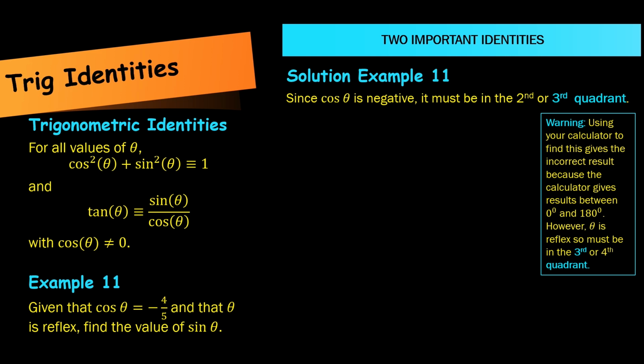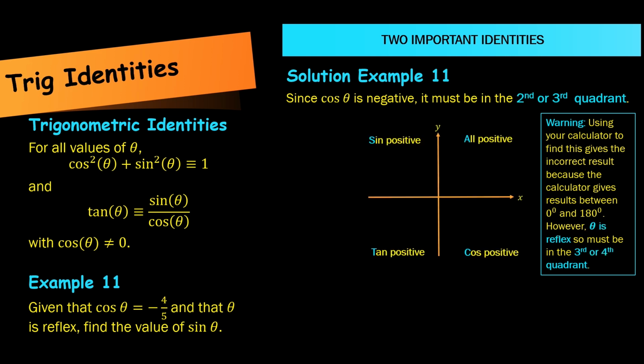Let's remind ourselves of the CAST diagram. In the first quadrant, sine, cos and tan are all positive. In the second quadrant, only sine is positive. In the third quadrant, only tan is positive. And in the fourth quadrant, only cos is positive. Now in the first part of the solution to example 3, we stated that because cos is negative, it must be in the second or third quadrant.